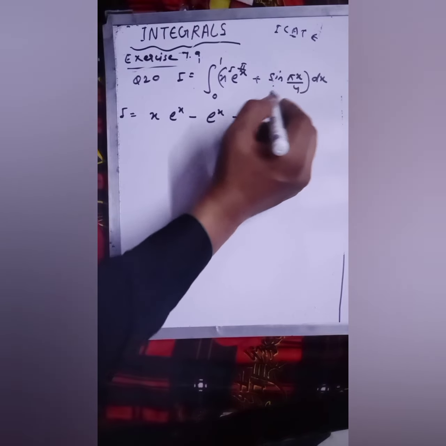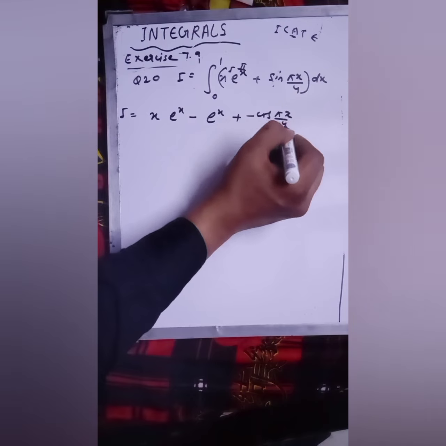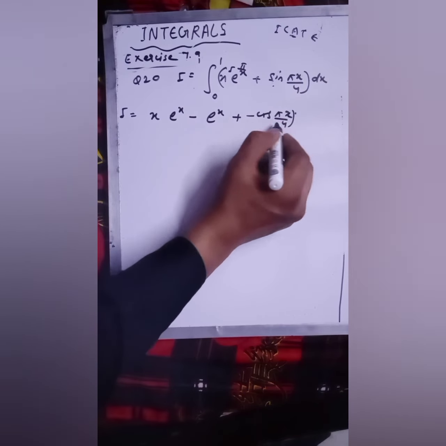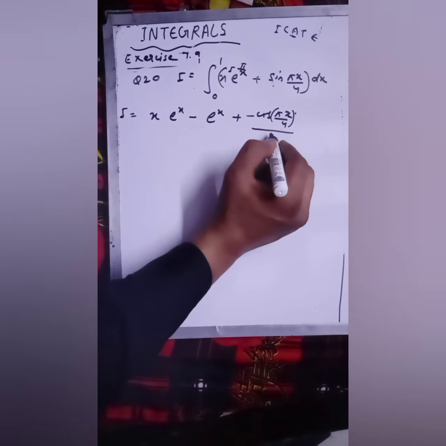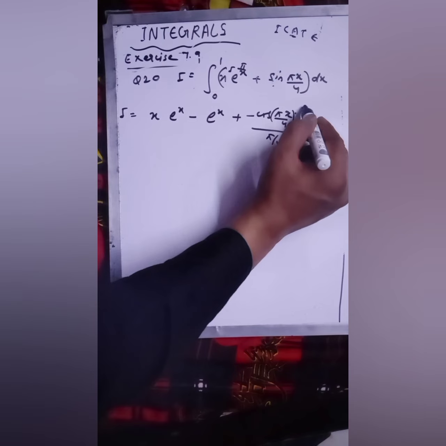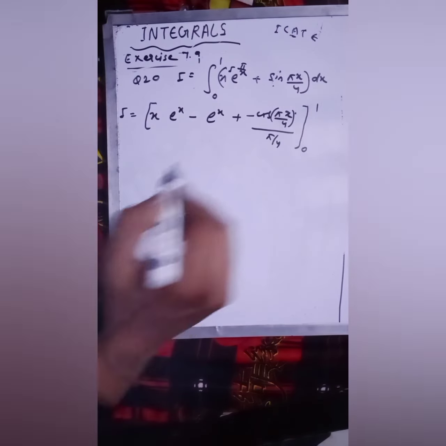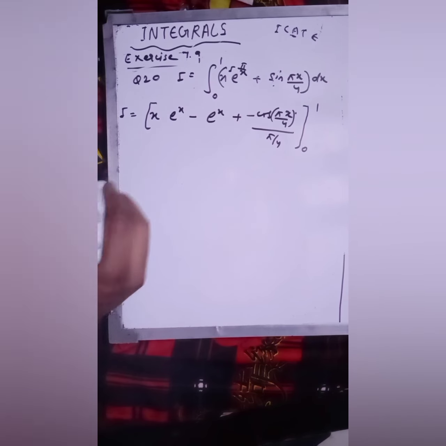The integration of this will be minus cos(pi x by 4) over pi by 4, and this whole with the limit.